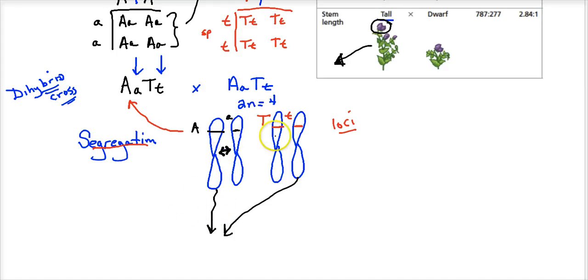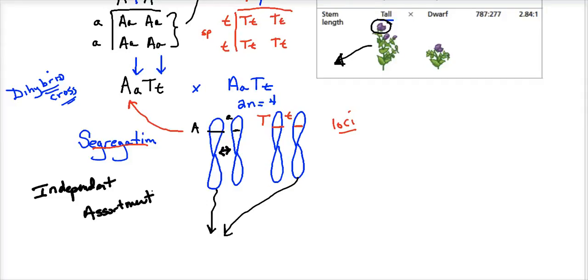And then if you have a second trait that we're looking at, these traits will independently separate from the others. So basically, the law of segregation and independent assortment, and I'll write it, are about the idea that these traits somehow split and make half of the information from a diploid cell.